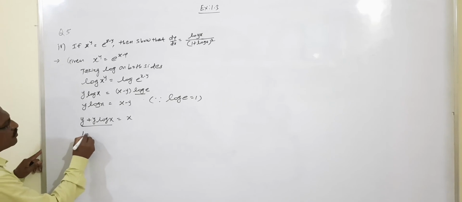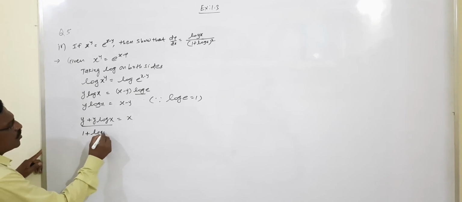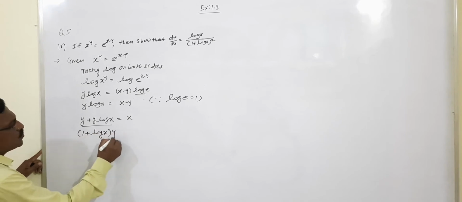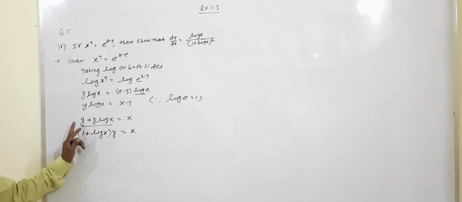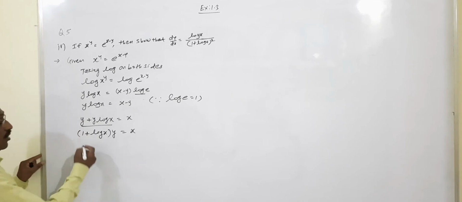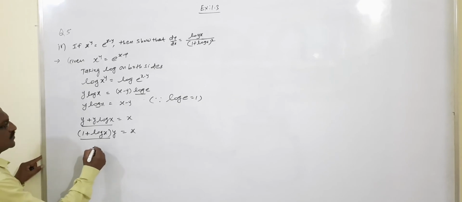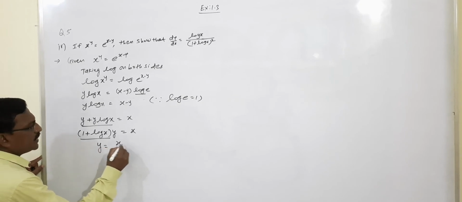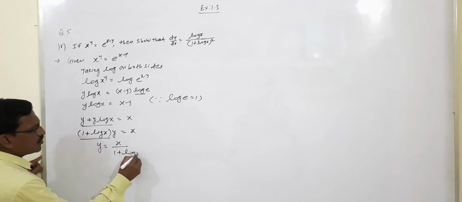When we take y common, it becomes 1 plus log x into y is equal to x. Now we take this bracket to the right hand side. So y equal to x upon 1 plus log x.